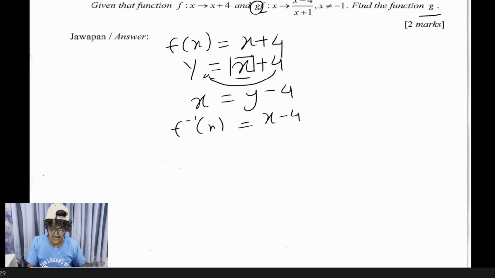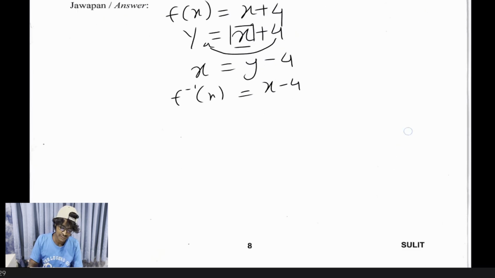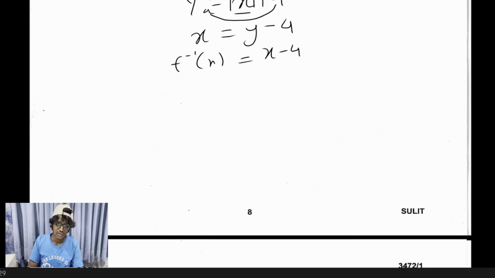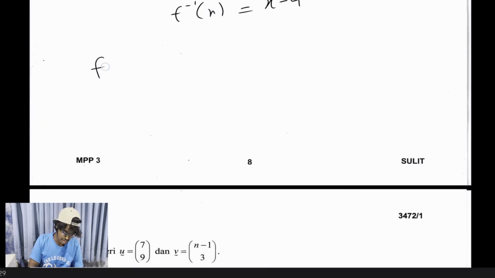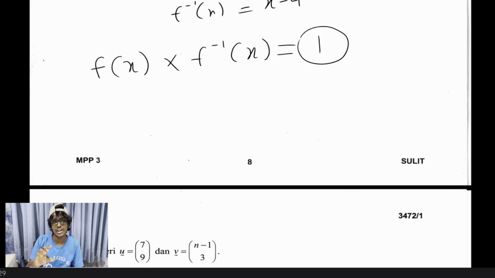Now all you really have to do is substitute it inside your composite function over here. To make you understand a bit of the logic, if f(x) is combined with its own inverse, it will become 1, or basically nothing.